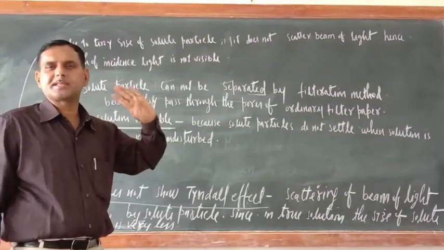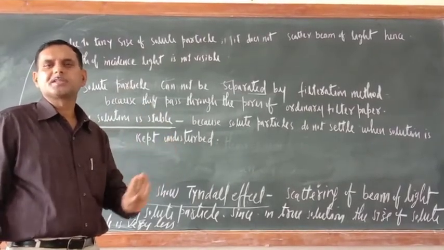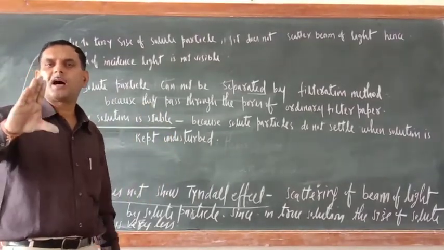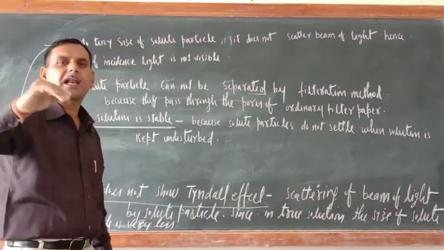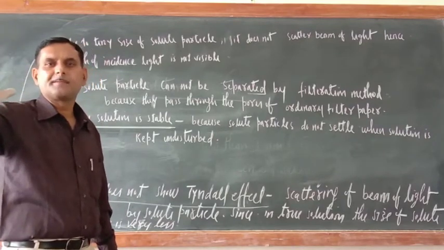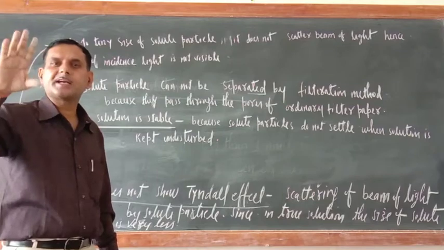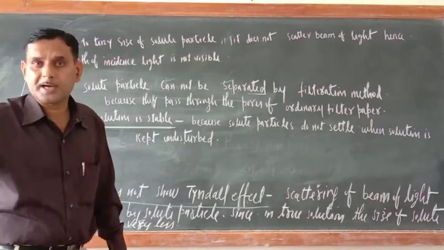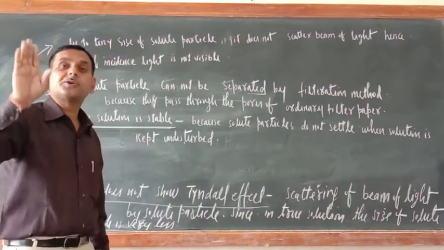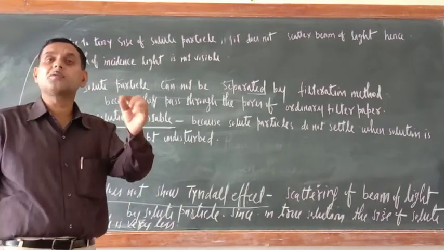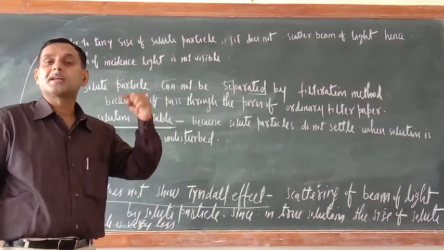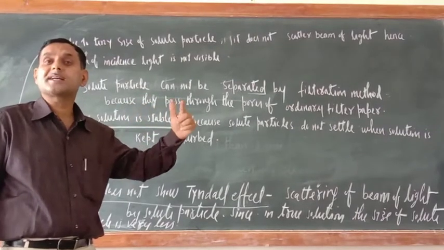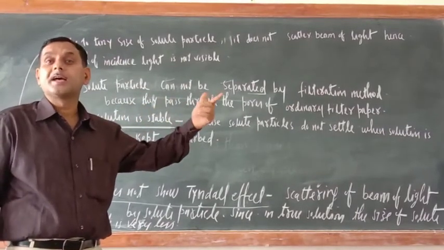Tyndall effect is the effect in which the path of incident light is visible because incident light is scattered by the solute particle. Since in true solution the size of solute particle is very small, they do not scatter the beam of light.